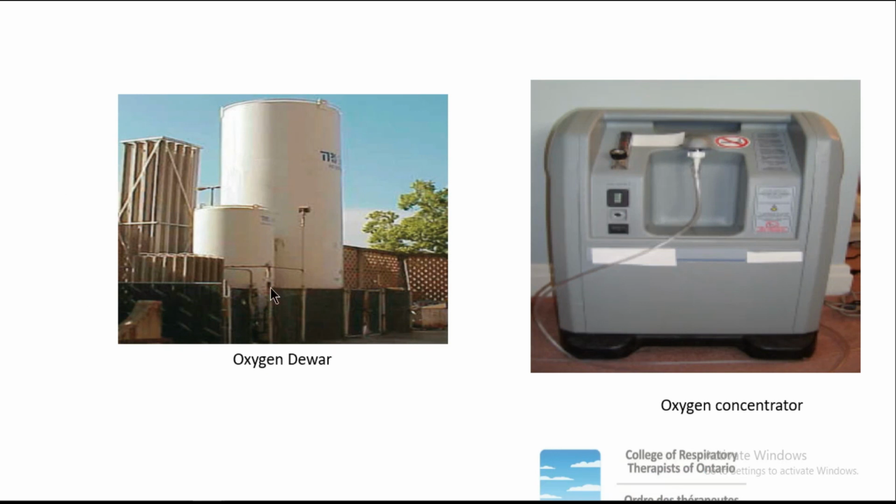In the left side photo, it is oxygen delivery where cryogenic oxygen is stored and supplied by pipeline to the ward. And this is an oxygen concentrator, by which oxygen is taken from the environment.